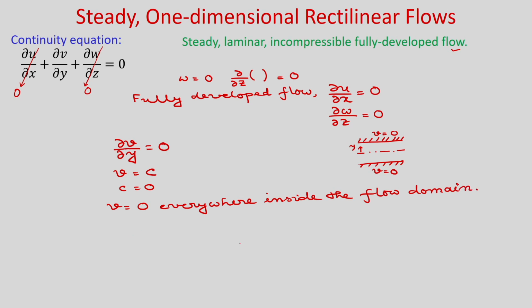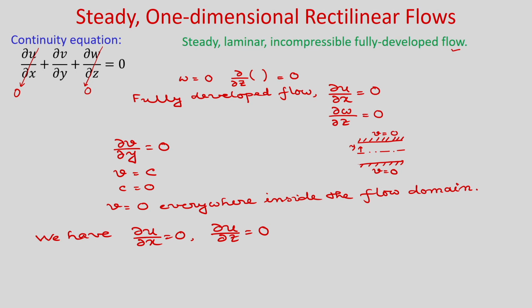Okay. And now you can see that del by del z of any quantity is 0. So, that means we have del u by del x is 0 and we have del u by del z is equal to 0, because third direction is infinite and gradient of any quantity is 0 in the z direction.